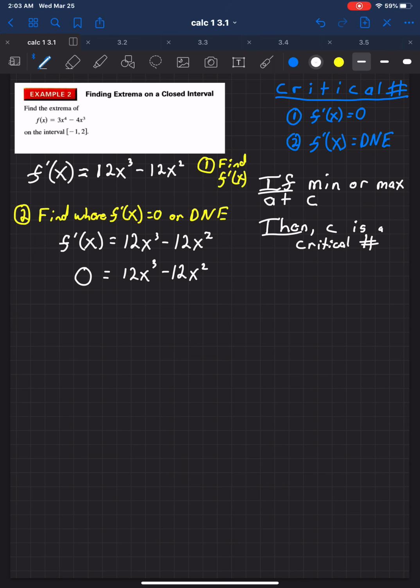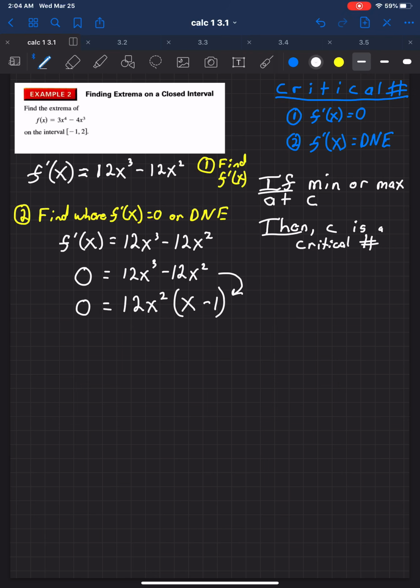Because where we're going right now, it's a whole lot easier to find out what x values make this equation equal 0 if it's in factored form. So I'm going to factor out a 12x squared. Now I would be left with an x minus 1, right? You can think of it as going from sums or differences to products.